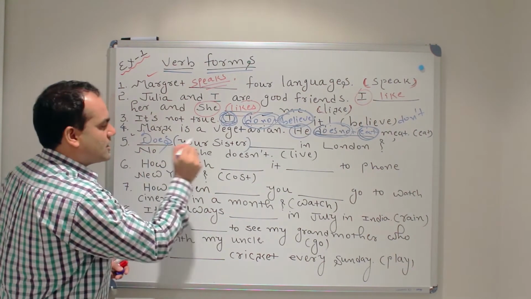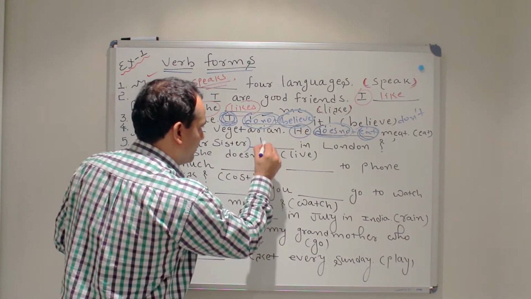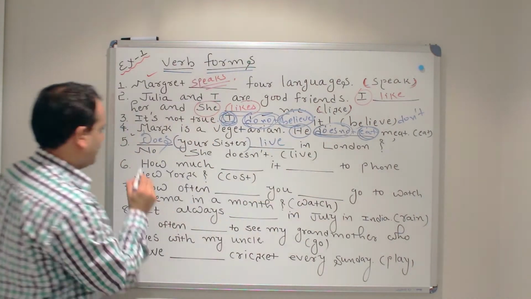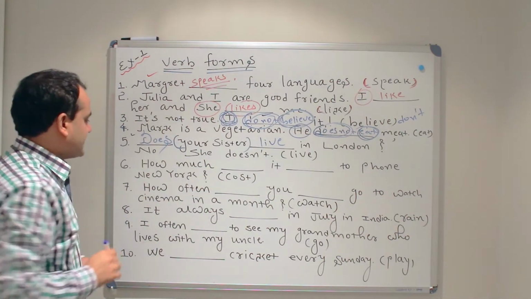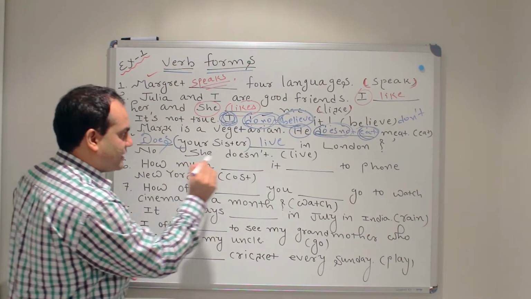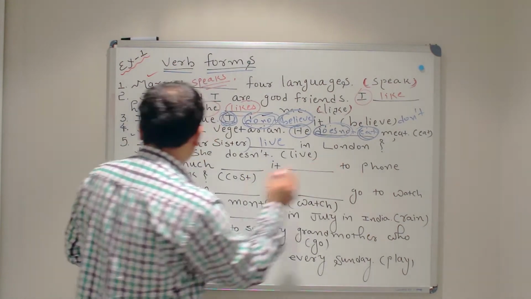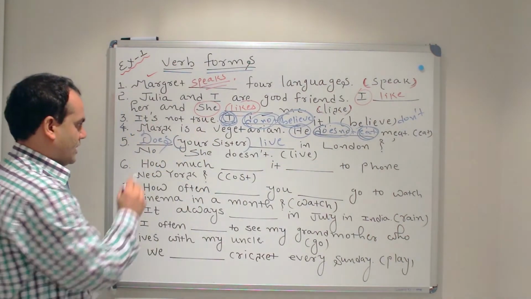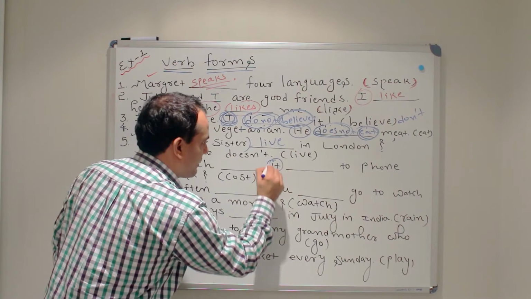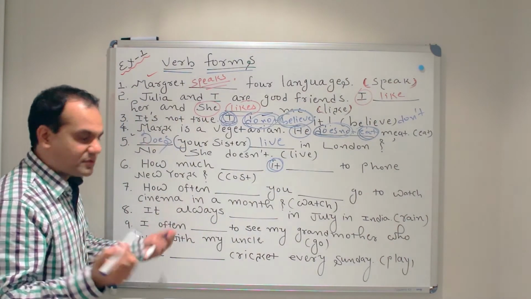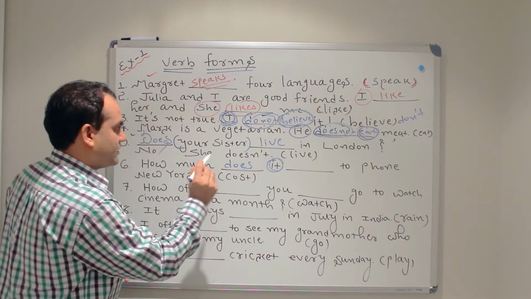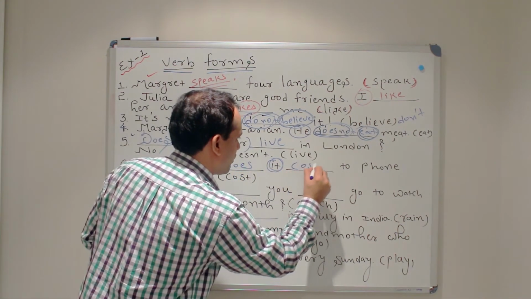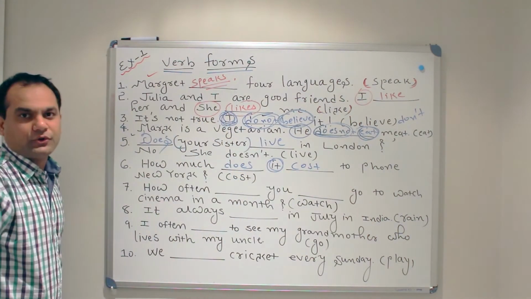Does your sister live in London? No, she doesn't. Simple. Sixth one, how much dash it dash to phone New York? Since we are talking about it, which is again third person singular, I will use does. How much does it cost to phone New York?